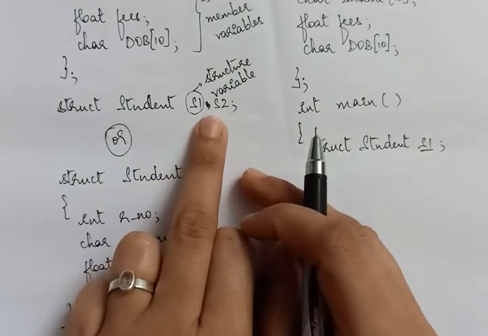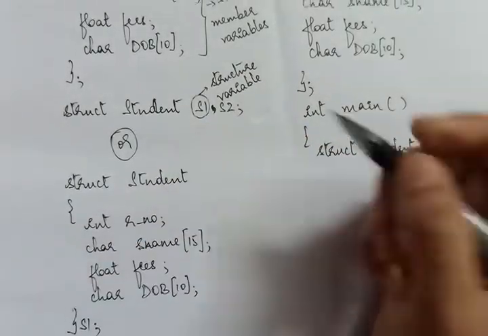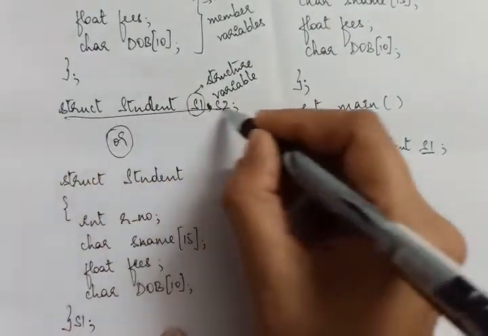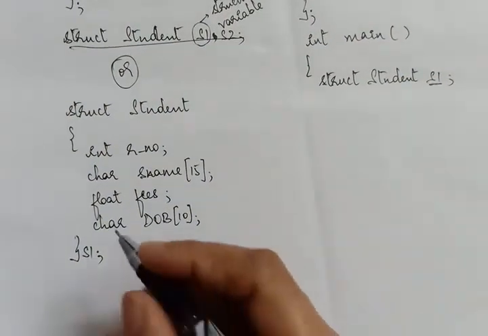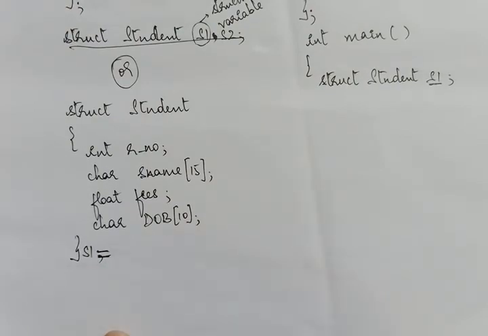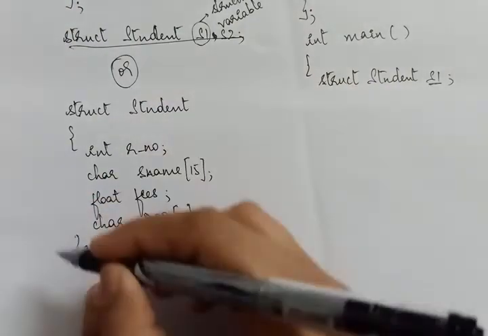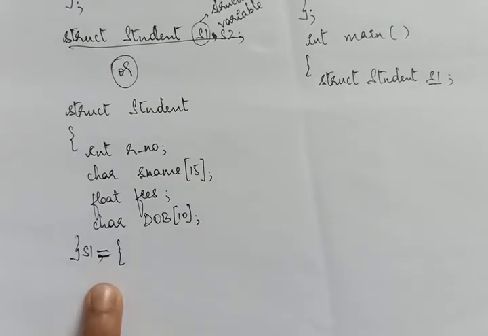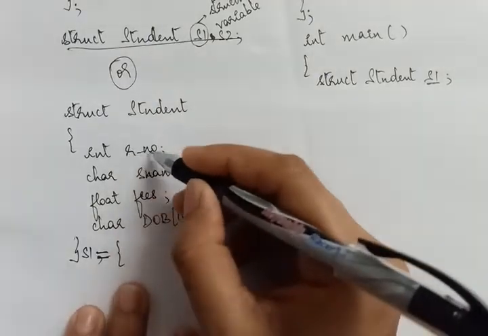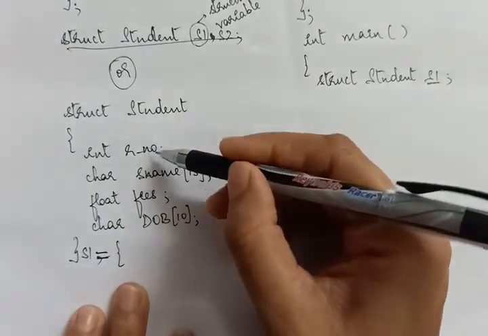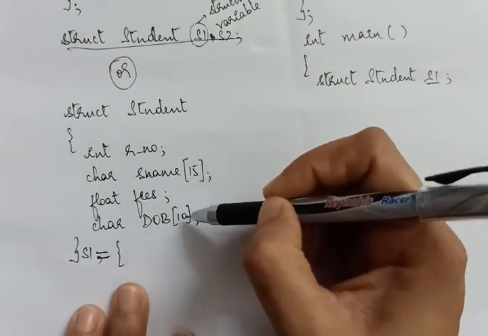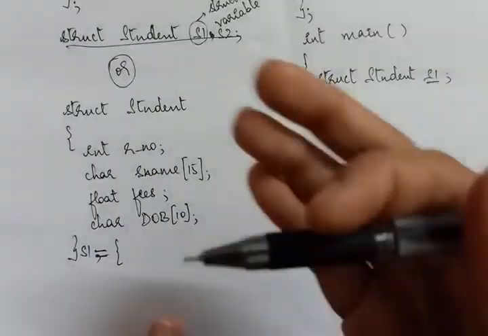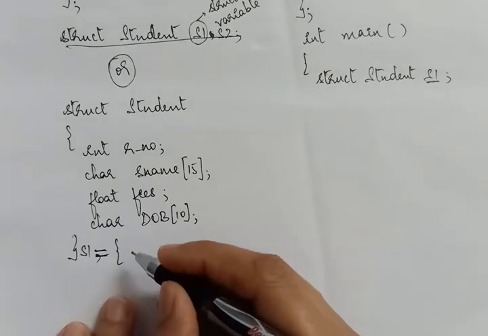If you are creating it this way, I'll just rewrite this here. Here itself, with the template, S1 equal to, within braces, you can specify the values for each of these members in the same sequence in which they were declared.